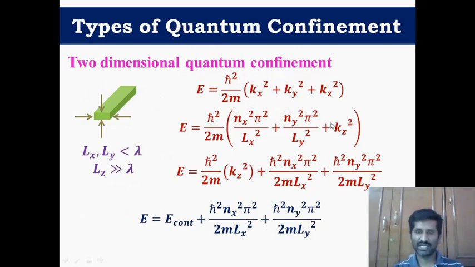So I have only one continuous wave vector, that's kz. So the equation becomes E is equal to E continuous plus two discrete energies corresponding to the nx and ny quantum numbers, so that you have more subbands in your energy diagram.